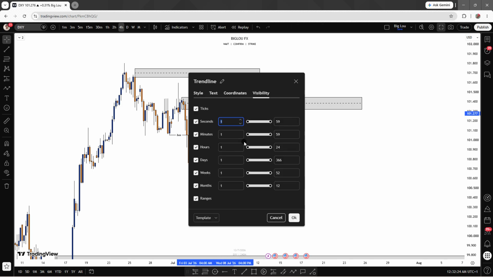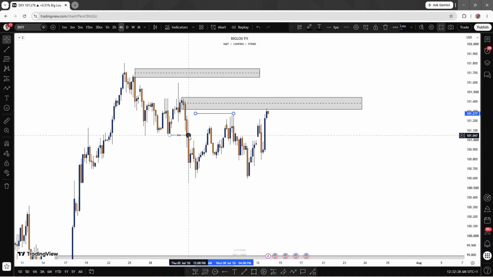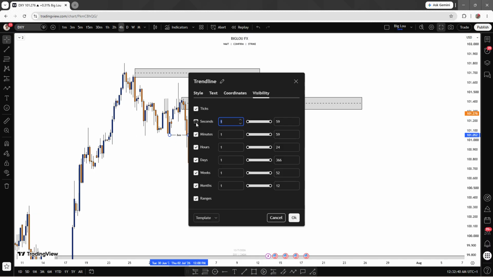That should only appear on the 4 hours. I don't want it to litter this setup. My structure, my frame, my bias, I keep it just on the time frame I need to see it.